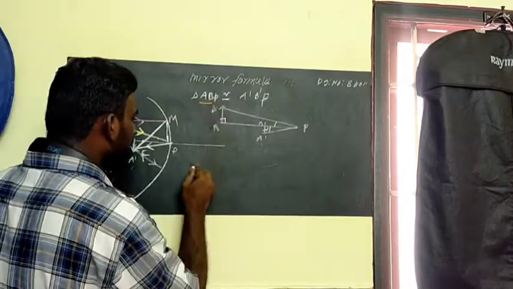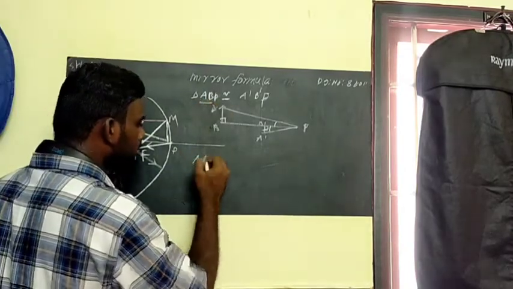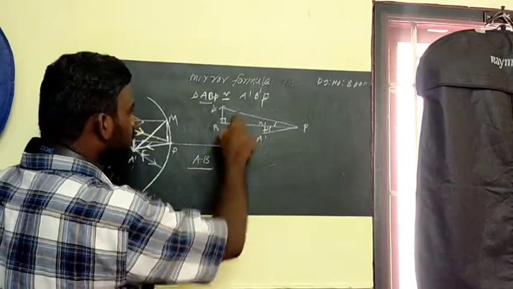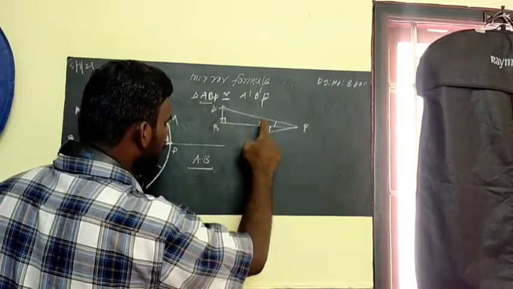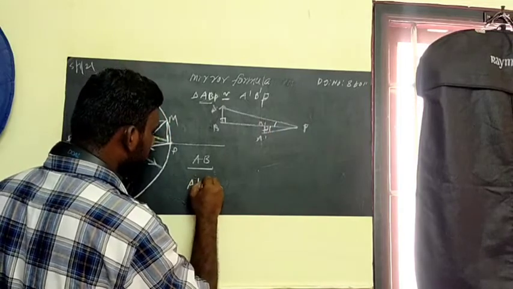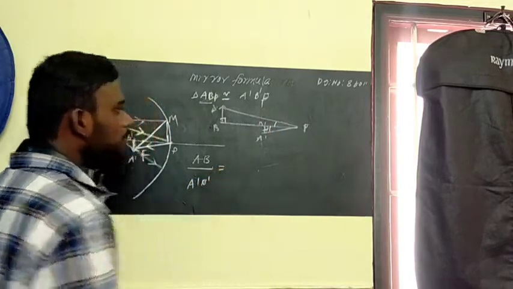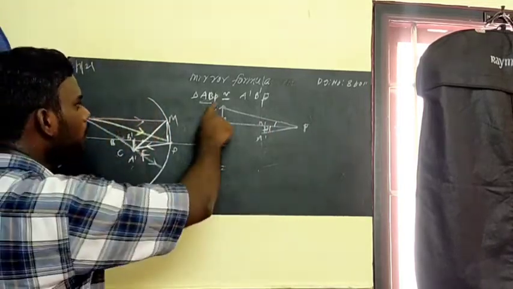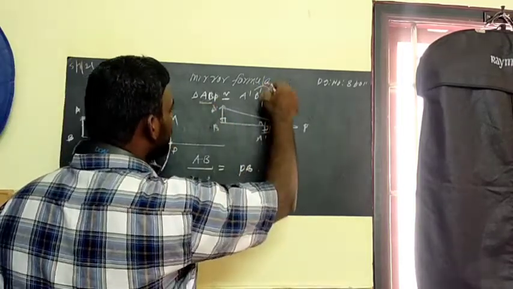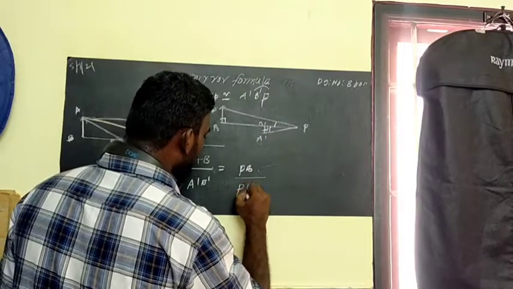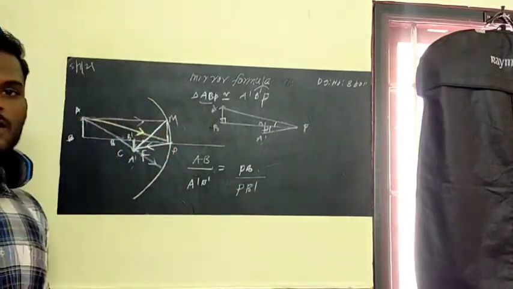So in place of AB, I can put AB. Then divided by, for this triangle, in place of AB we have A dash B dash, that is A dash and B dash. That is equal to now BP. So I can take BP. For this side, it is P dash. Is that clear?